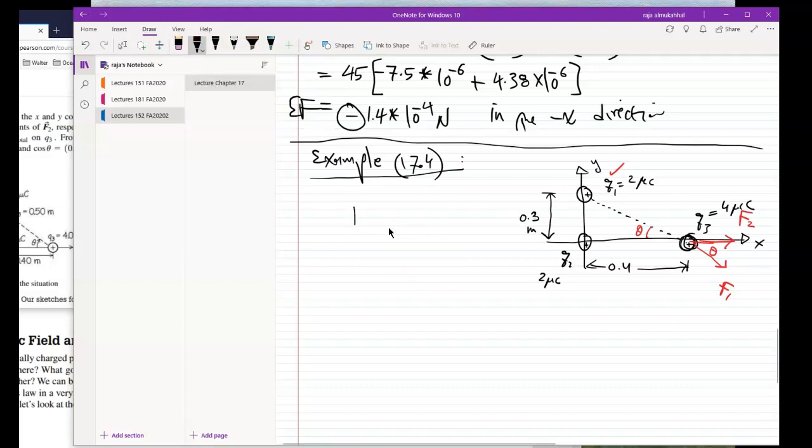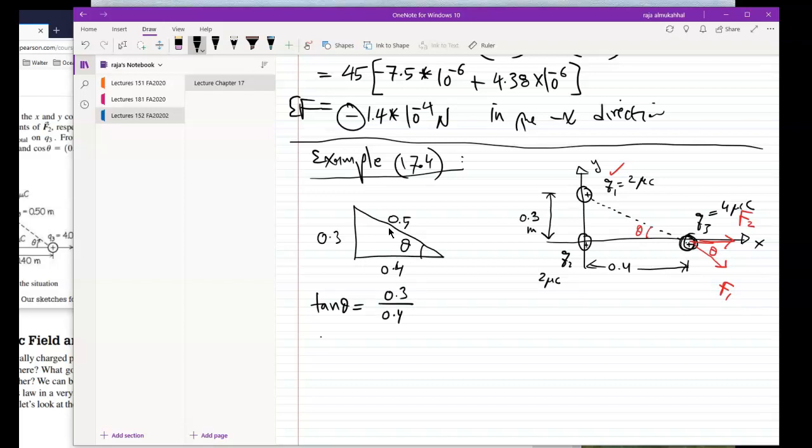So what I'm looking at is a triangle that looks something like that. And this is 0.4, and this is 0.3. You can imagine that this one is 0.5. You agree with me? You know, it's a 3, 4, 5 triangle. And I want to find this angle theta right here. I can use sine, cosine, or tangent. I'll use tangent. So tan of this angle is equal to opposite over adjacent.